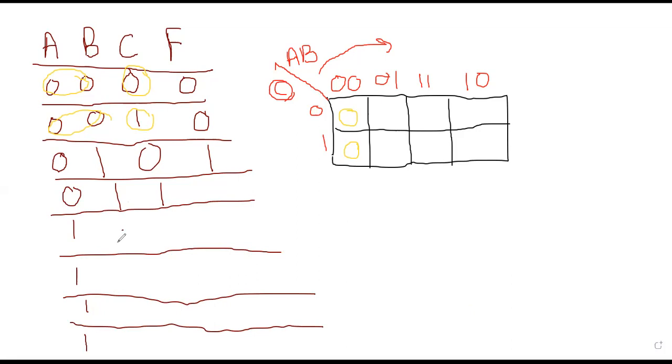1 1 1. Then 0 0 1 1. So lastly it is 0 1 0 1. Again, I don't know what operations are performed in the slides, but this truth table is always given to you. You have to tabulate this in your mapping. So this A B C is my input.